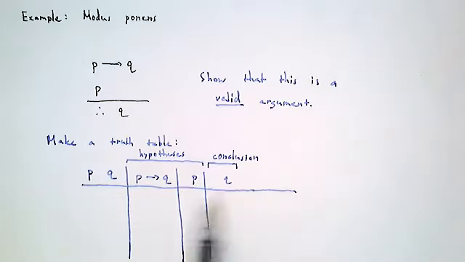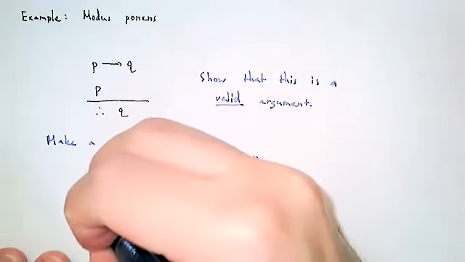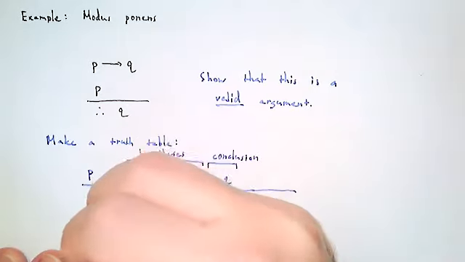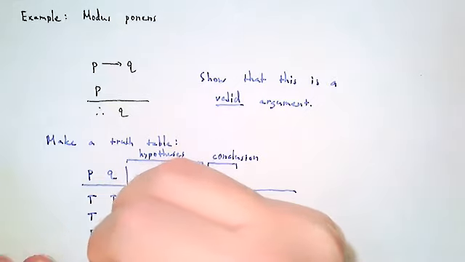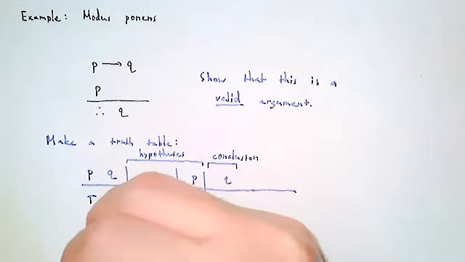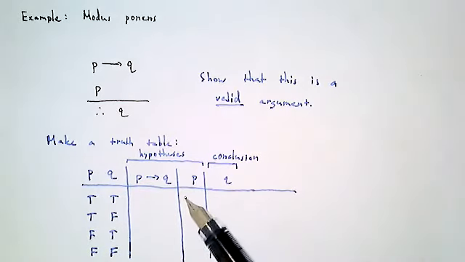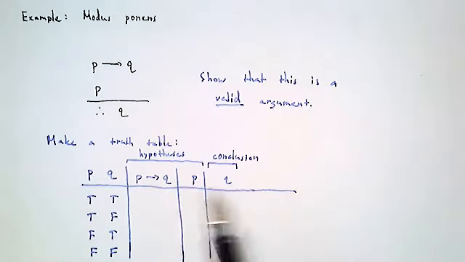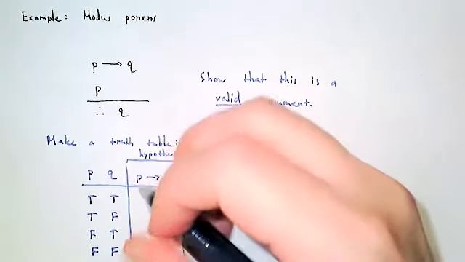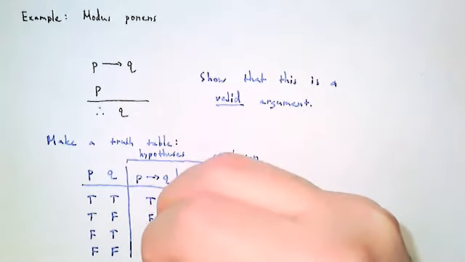So we fill in left to right just like normal, because this is the simplest part of the table, just the possible combinations of true and false. And then we'll fill in the truth values, starting with the conditional statement, if P then Q. And we know this to be true, false, true, true.